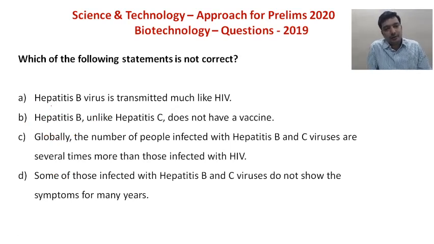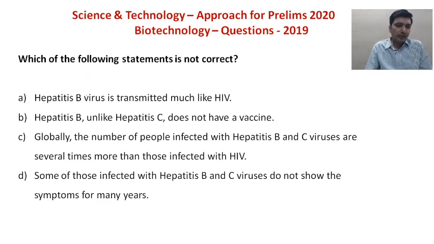And next we'll talk about statements related to hepatitis B and HIV. As I was telling you in the last video, they're asking for comparisons between different infectious agents, in this particular case hepatitis B and HIV. They're asking us to identify which of the statements is not correct. So you can first confidently identify the statements which you think are correct.